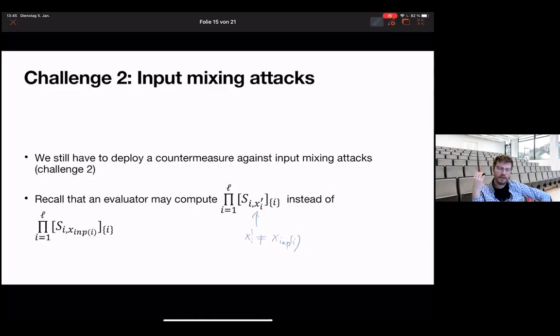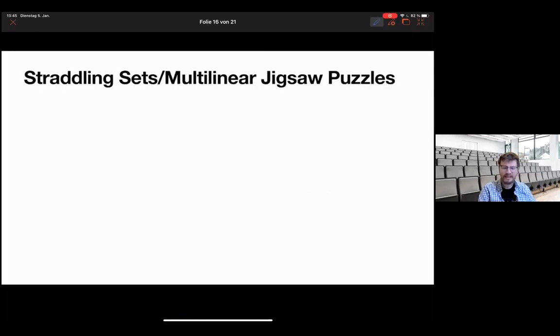What we're going to utilize for that will be the level structure of our multilinear map. This brings us to the concept of so-called straddling sets. They were called straddling sets in the second paper by Barak et al., and multilinear jigsaw puzzles in the original GGH RSW paper.